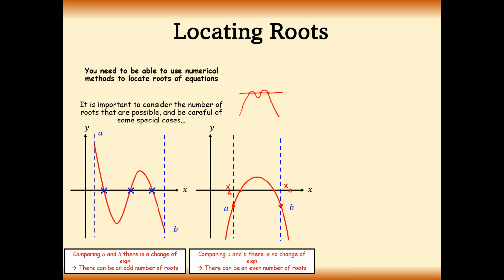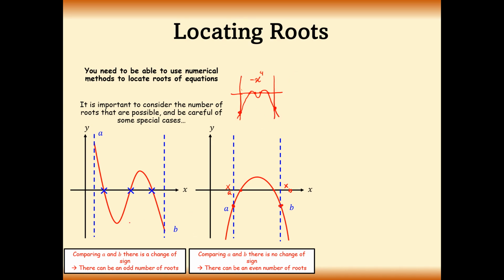If we have a graph of a quartic equation, we may see such situations with four roots. So if we evaluated this graph at this point and this point, we may not see a change of sign. We may see two negative values.